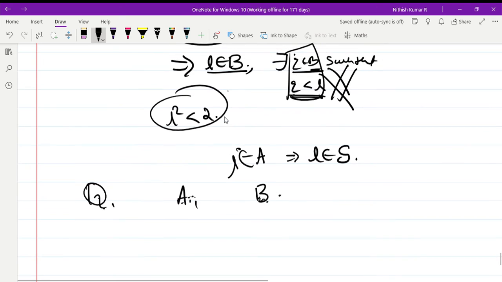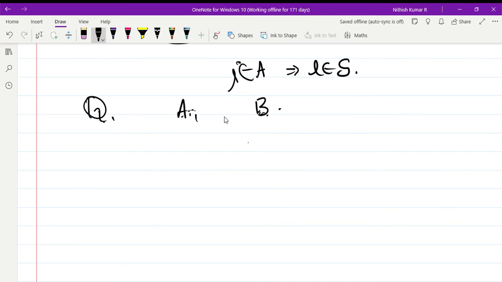Now we shall show that B is the set of all upper bounds of A, therefore A is bounded above. Now A is the lower bound of B, therefore B is bounded below.